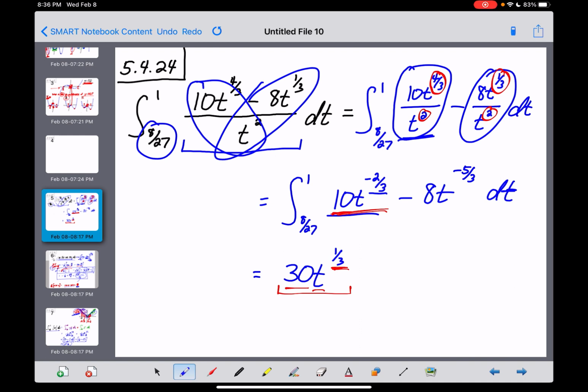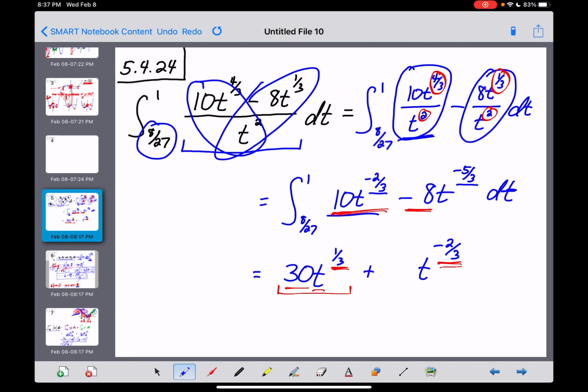All right, what comes next here, guys? The second term here, we're going to have a t here. You're going to raise that exponent by 1. Negative 5/3 plus 1, or plus 3/3, is a negative 2/3. And then we divide the old coefficient, which was negative 8, by the new exponent, which is negative 2/3. Negative divided by negative means this term is now going to be plus.